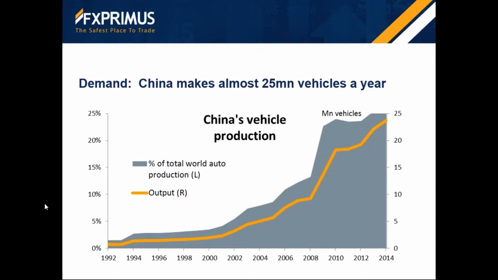This is 5 times what it produced 10 years ago, and it's about double the U.S. auto production. As China's gotten richer, more Chinese people have bought cars, and they drive cars, and they use gasoline in their cars. So that's a huge increase in the demand for gasoline that's caused by a rise in the country's standard of living.